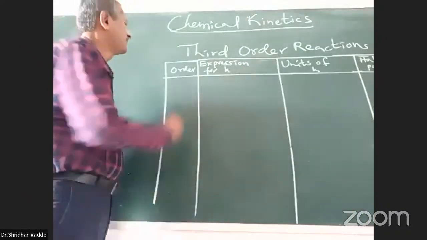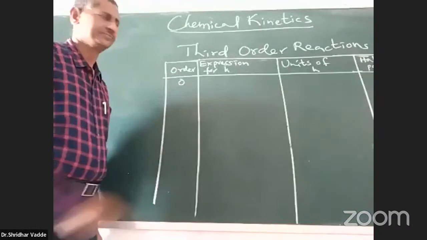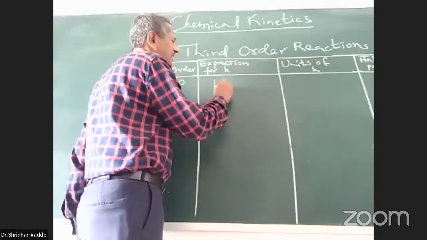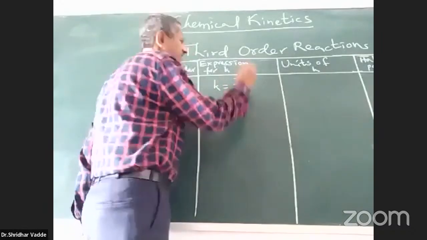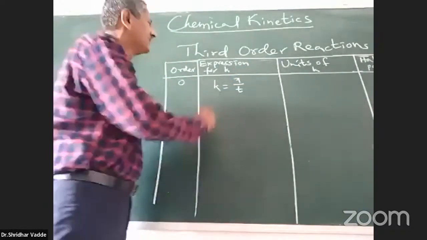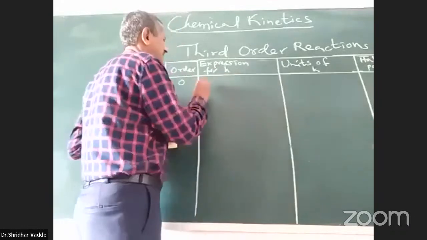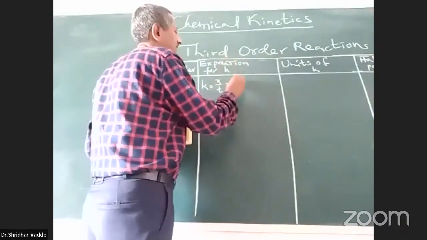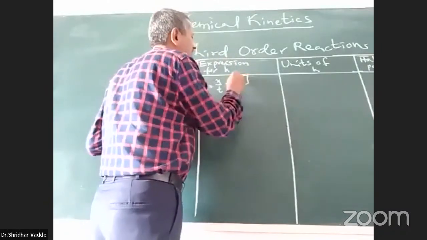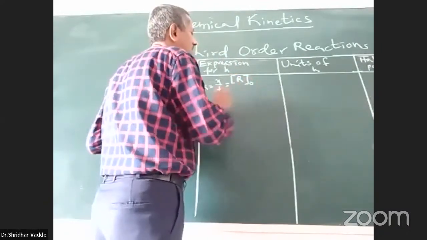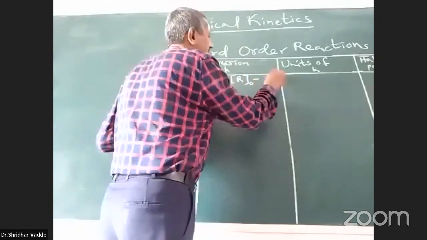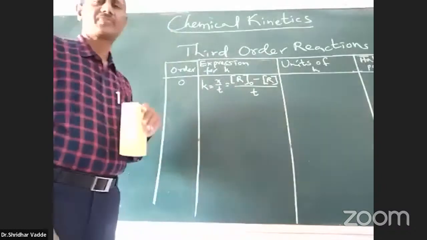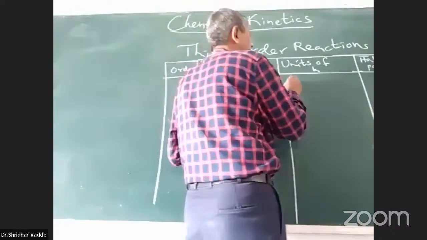Here, zero order if you take. Zero order means what is the rate constant? K is equal to X by T. This can also be written as R naught minus R by T. What are the units?